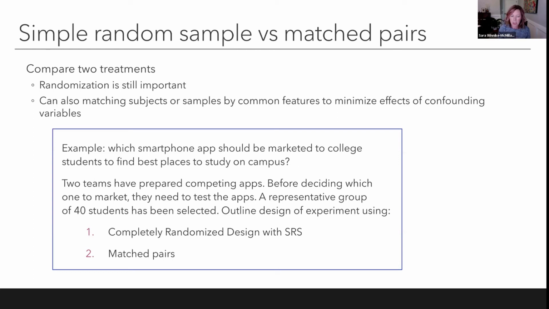Okay. So I'm going to stop sharing my screen, and I'm going to put you into groups. What you want to do for this little exercise is essentially those little experimental design charts.